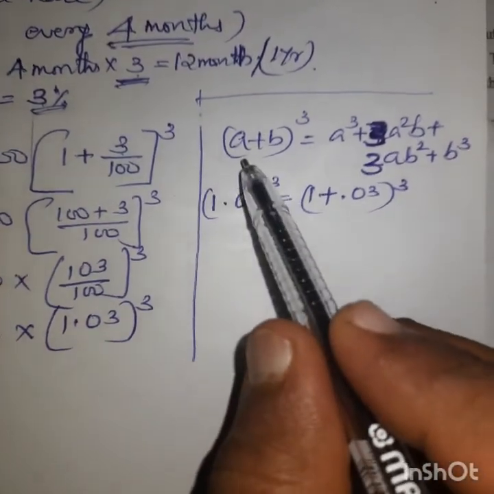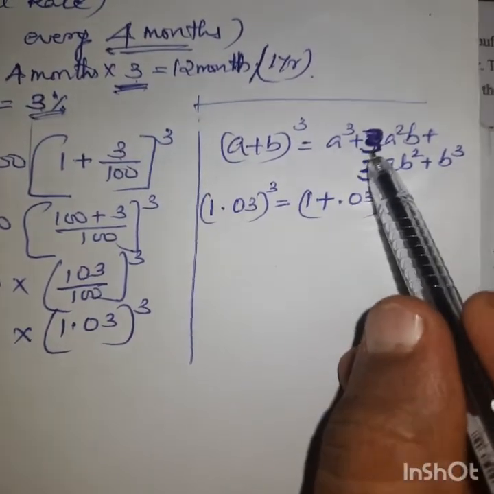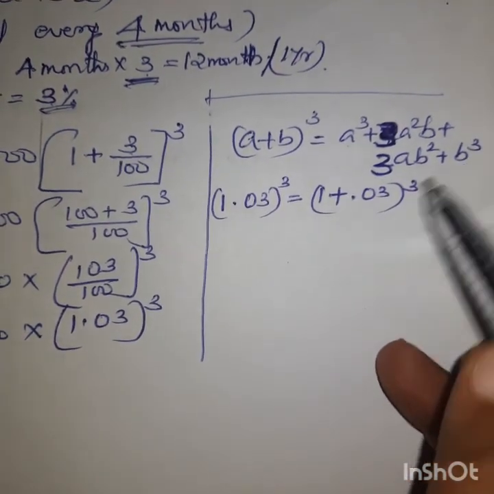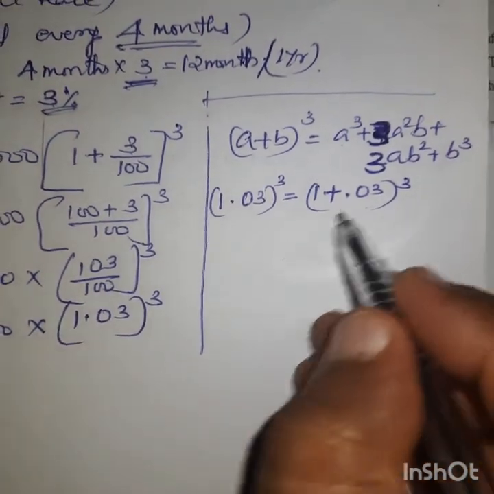So use this identity: a plus b whole cube equals a cube plus 3a square b plus 3ab square plus b cube. Using this identity we have to expand it.